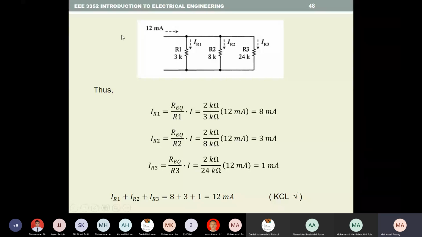We have 12 milliamps flowing into the node, and three currents flowing out, IR1, IR2, and IR3. So the summation of the current going out should be equal to 12 milliamps. So 8 plus 3 plus 1 equals 12 milliamps. Therefore, your answer is correct.